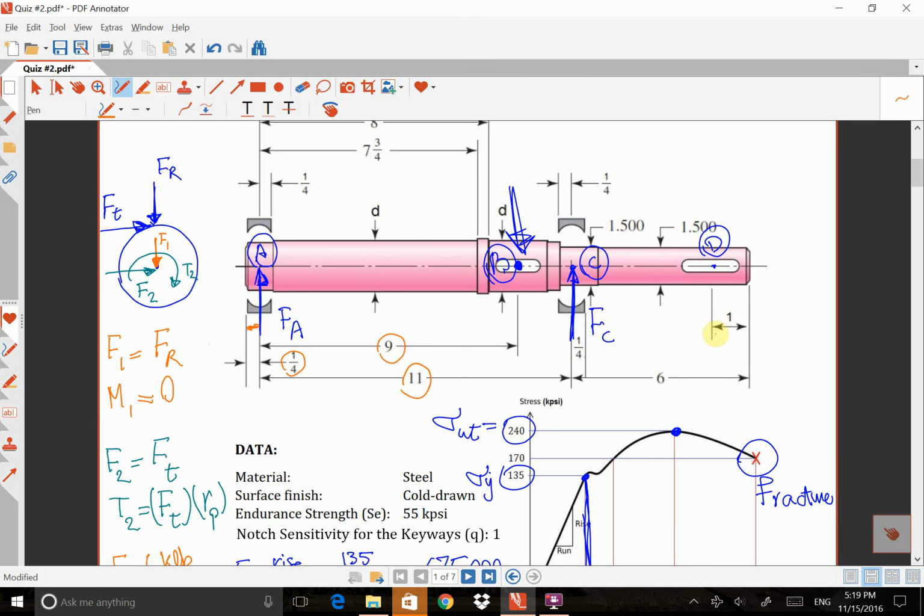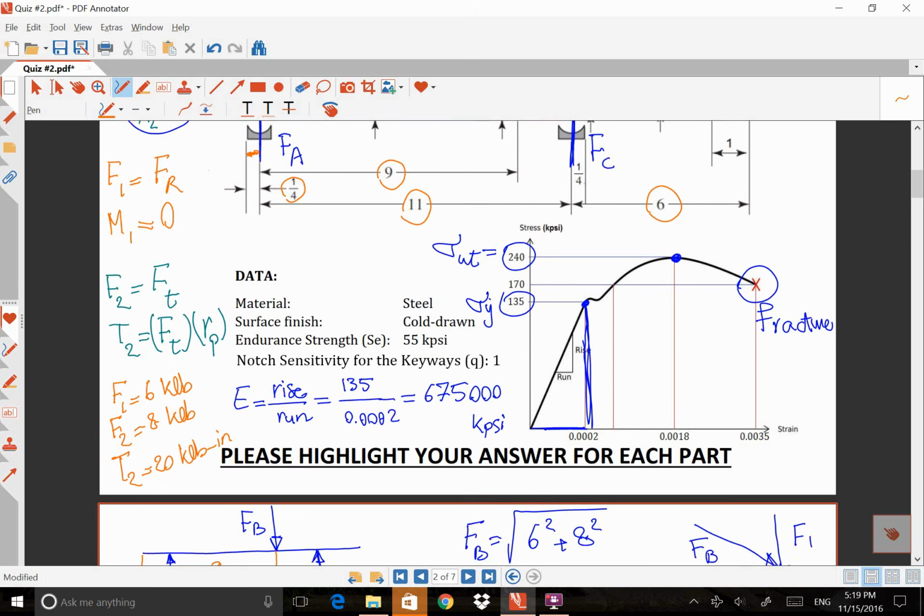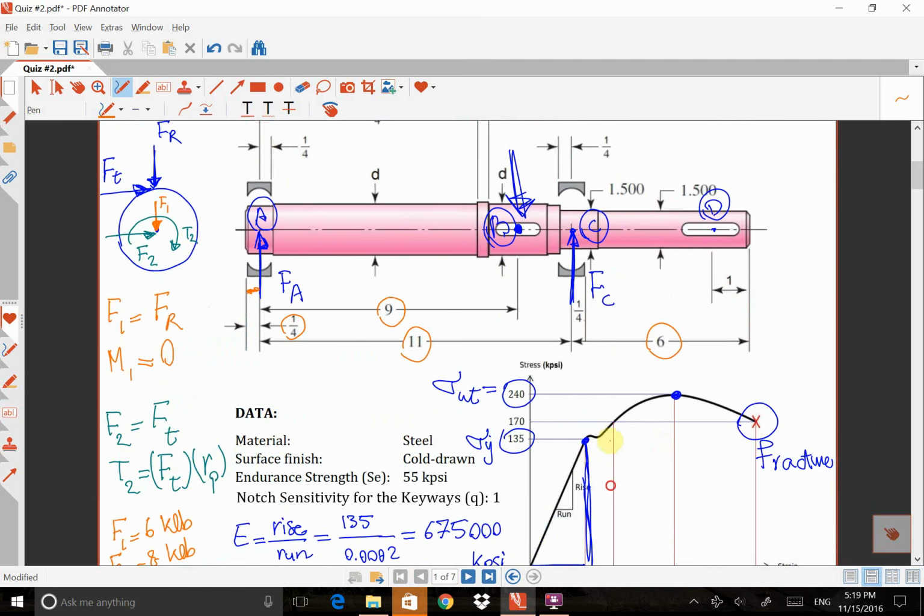And between Fc and the end of the beam is 6.